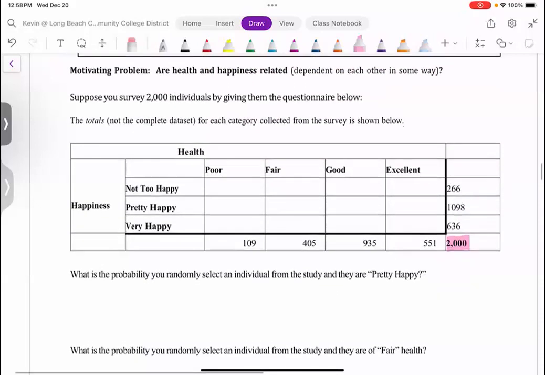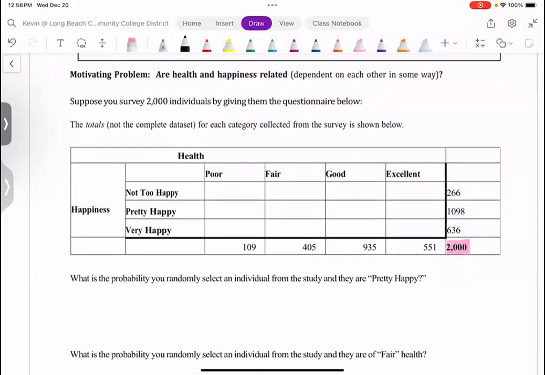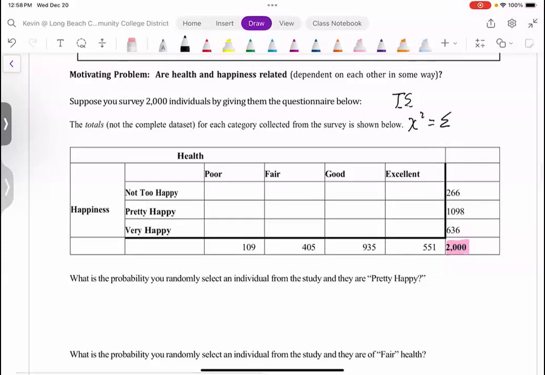We are going to be using our test statistic, which is again chi-squared equals the summation again of O minus E, the outcome here again.